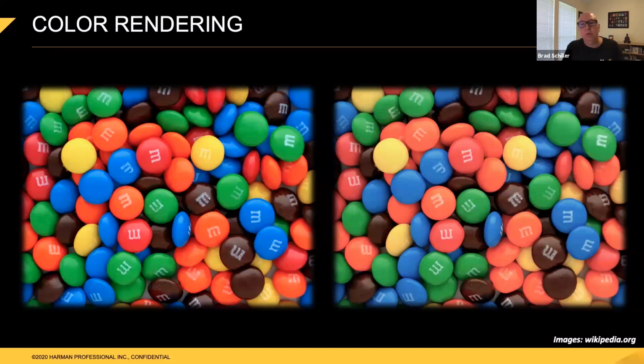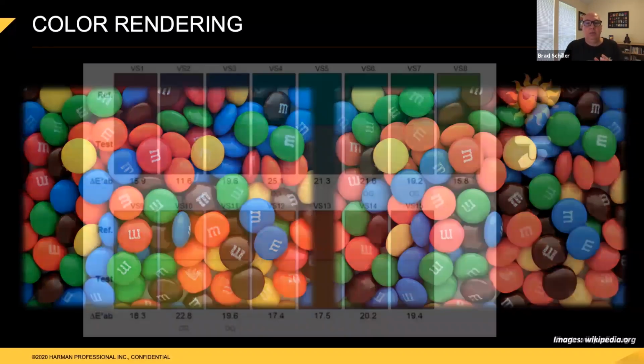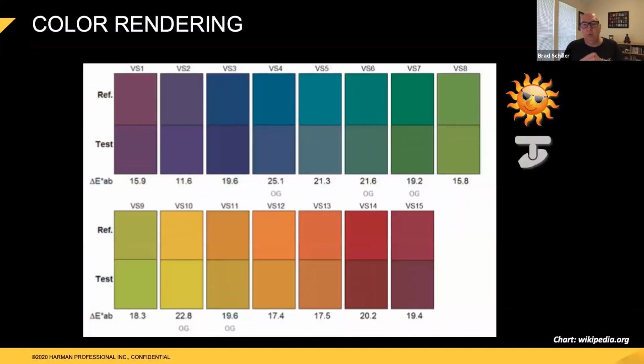Before we go into what they are and why you would use some over the others, it's important to understand how they all work. No matter what the color rendering metric is, whether it's CRI, TM30, TLCI, or any of the others, they all work in the same basic manner.